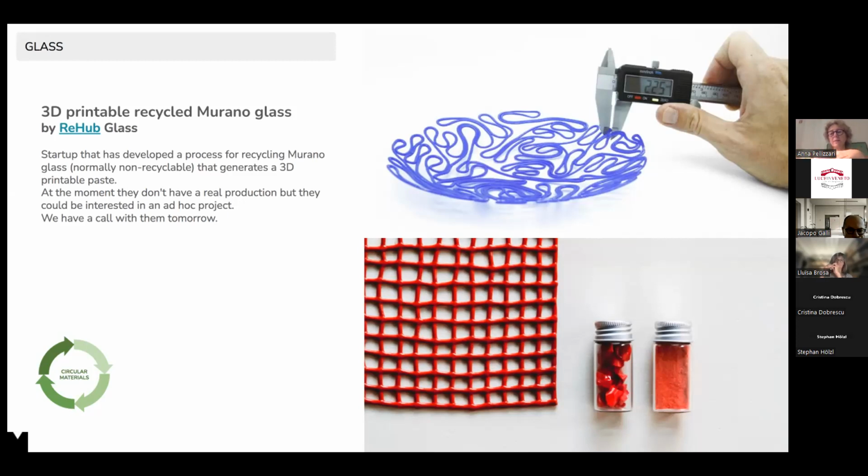Of course, it needs a further firing in the oven, but with a shorter cycle than normal glass blowing. So relative to this type of industry, which is always energy intensive, it is relatively low energy impact, and plus it recovers this type of scraps, creating very interesting objects.